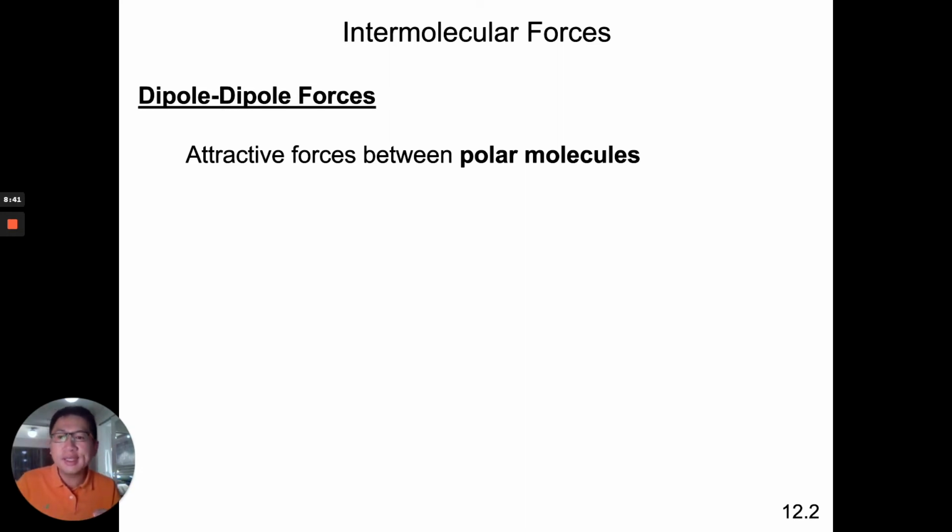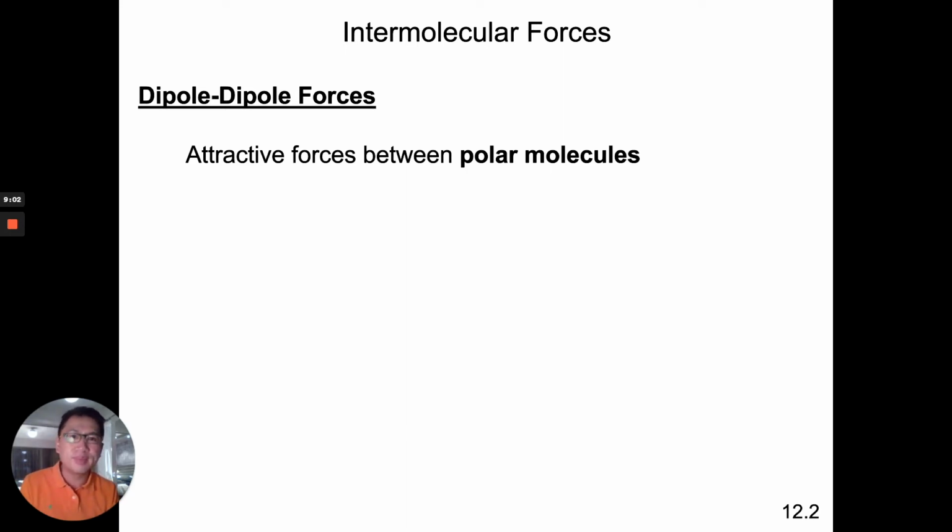But quick thing in general: a polar molecule is a molecule that has more electrons on one side than another. We talked about polar bonds already. But when a molecule is polar, that means the electrons are more on one side of the molecule than the other side.